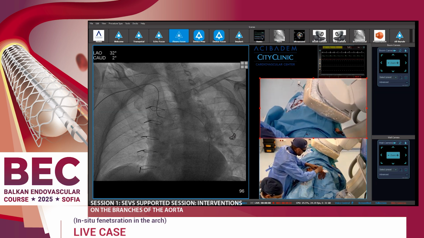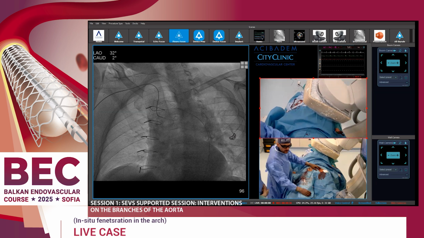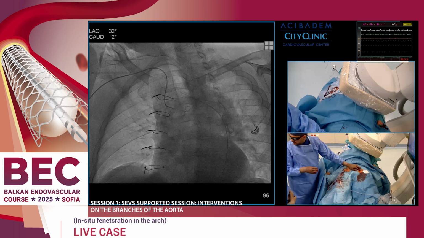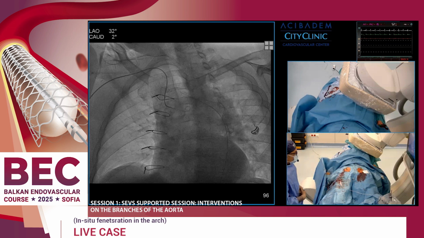Okay, so it's a patient operated on years ago for type A dissection, with quite a big aneurysm of the false lumen, still persisting after the operation and unfortunately enlarging over time.